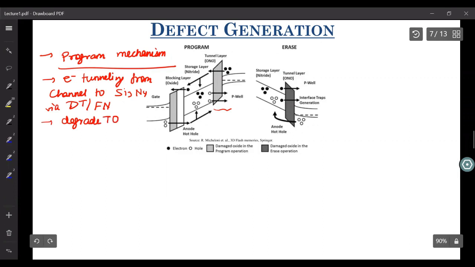Also, the holes in the storage layer may tunnel into your substrate, and that will also lead to degradation in your tunnel oxide layer. So your tunnel oxide is degraded by these two processes, that is electrons tunneling from substrate to nitride and holes tunneling from nitride to substrate.